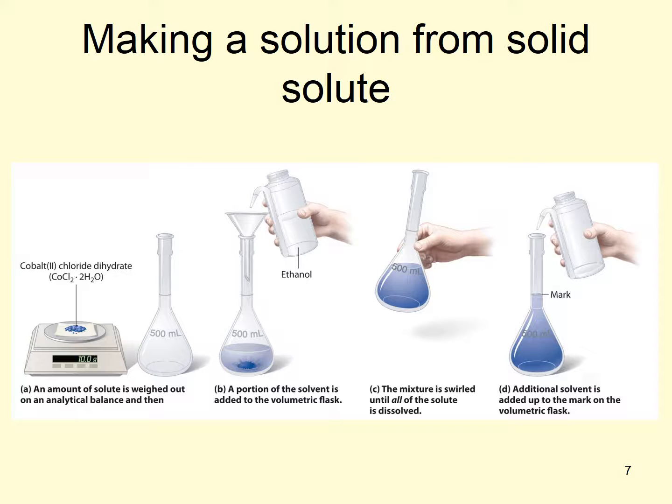In this case, we want 500 milliliters or 0.5 liters. And so we put the powder, the solid in there. We add water, swirl it up a little bit till you get everything dissolved, and then add water up to the mark. All of these volumetric flasks have a particular mark that is the exact volume that you need.